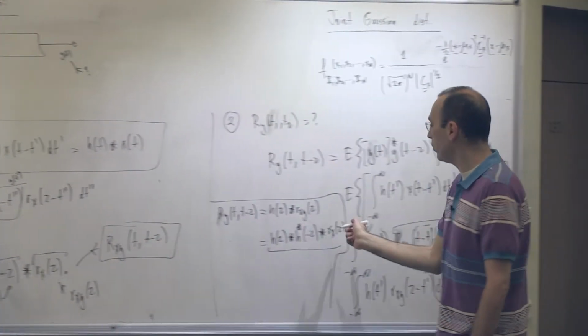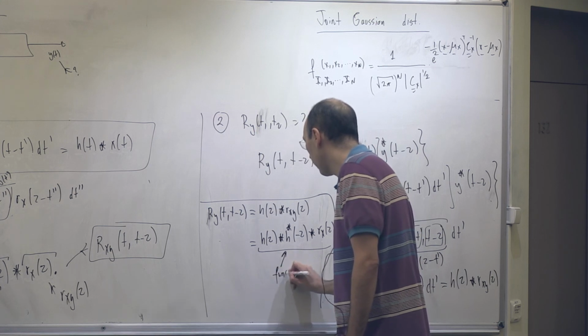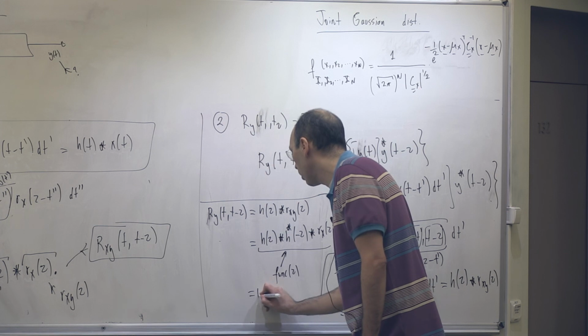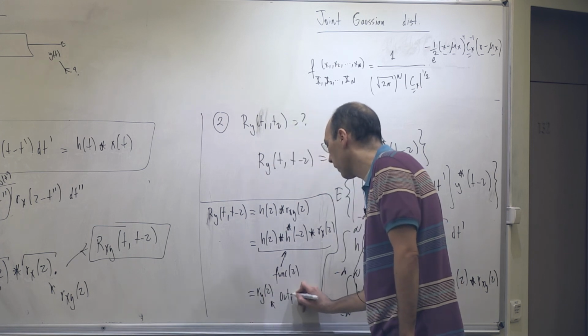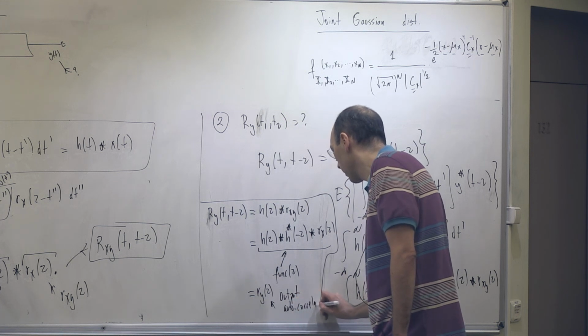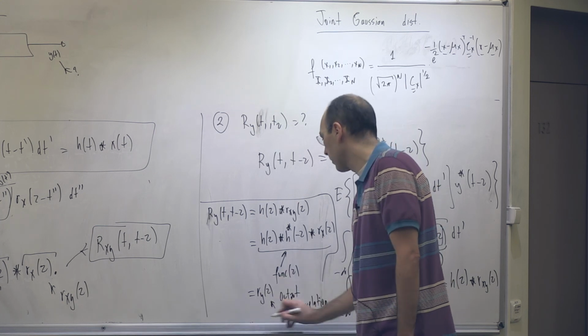If you do such a convolution, clearly this is a function of tau, and this would be called Ry of tau. This will be the output autocorrelation.